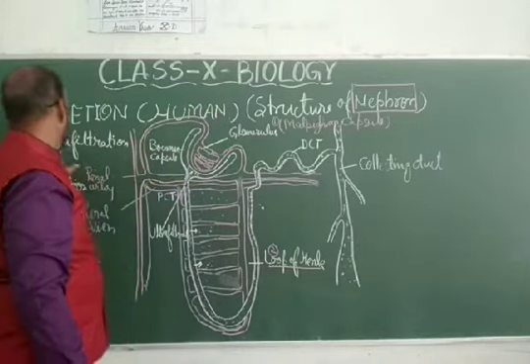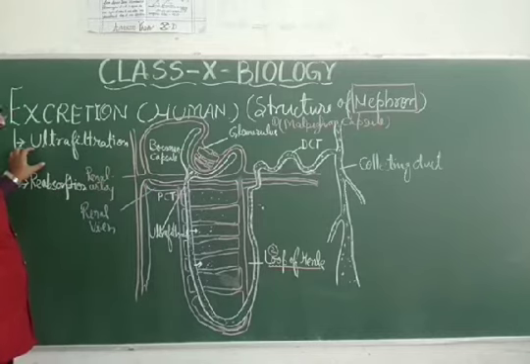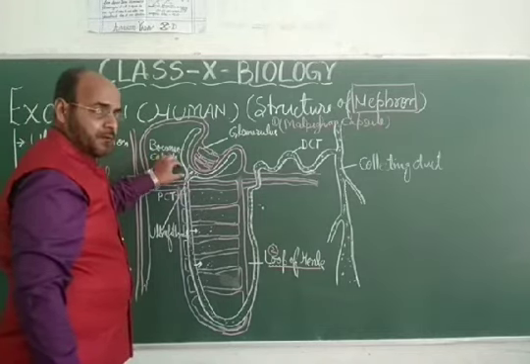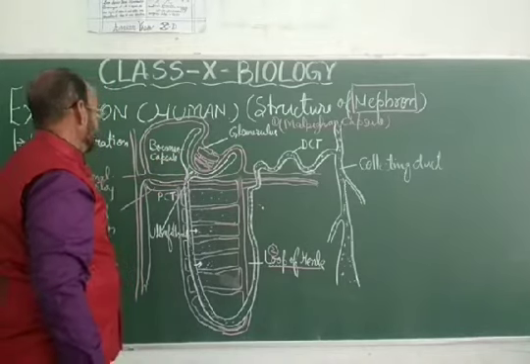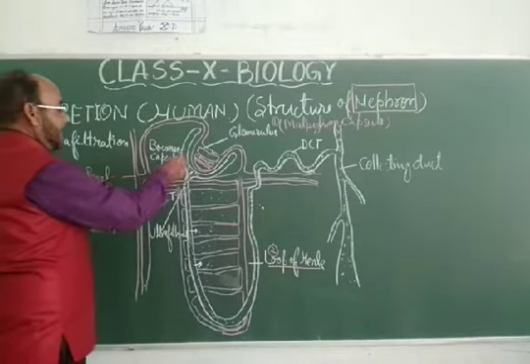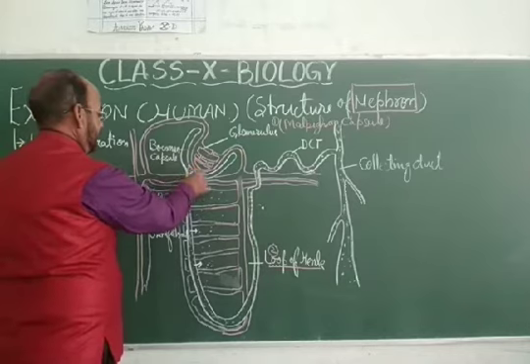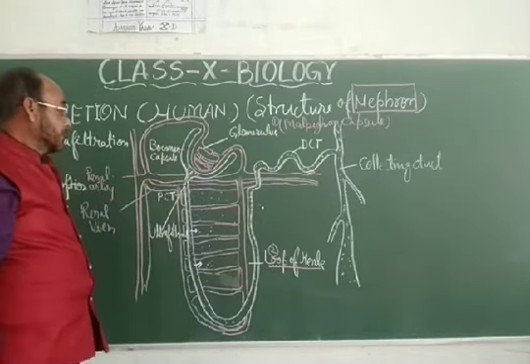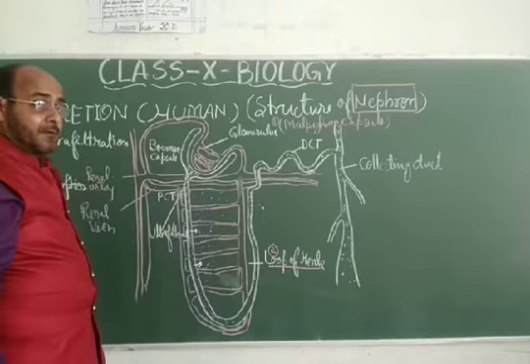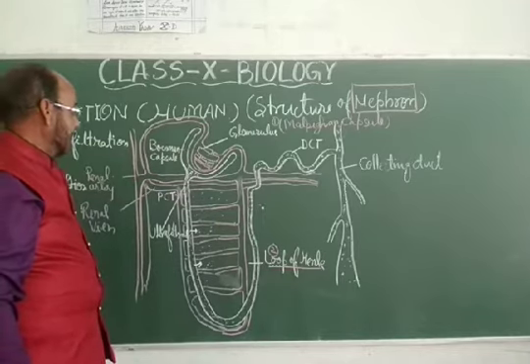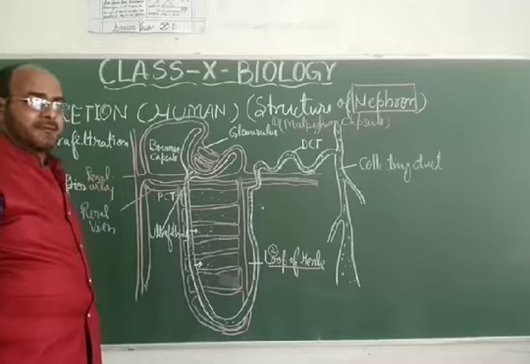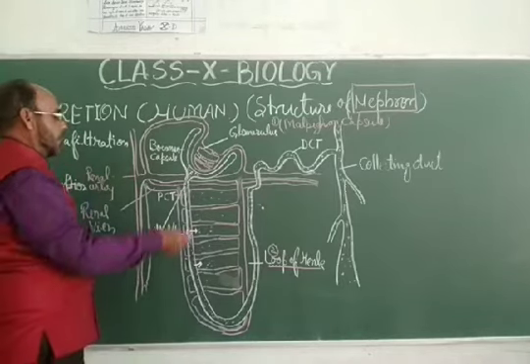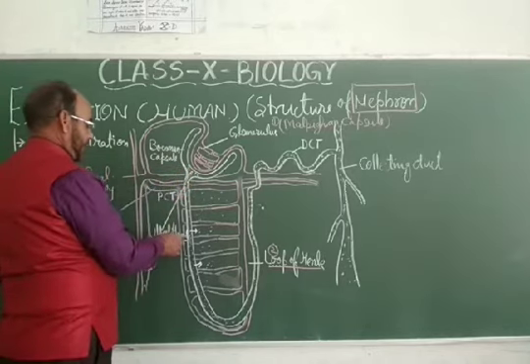This Bowman capsule and glomerulus combined form the Malpighian capsule. The first part of excretion takes place in the Bowman capsule because of the high pressure exerted in the blood vessels, so that the excretory substance, nitrogenous waste and other essential and non-essential content can come out as the ultrafiltrate.